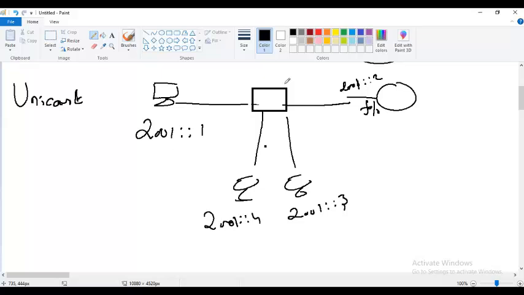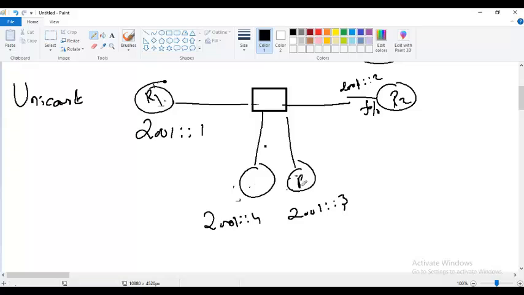It's unicast. And this can be a computer or this can even be a router. Let me change it to a router so that I can explain multicast. Router 1, router 2, router 3, router 4.